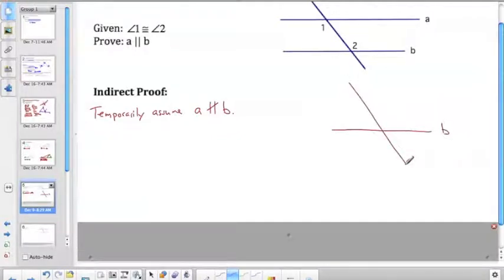And then I'm going to draw A so that it's not parallel to B. And basically what we have now is angle 2 is still here, and angle 1 is now there. So basically, since A and B are not parallel, they have to intersect, as you can see. And when they intersect, the two segments along with the transversal form a triangle.